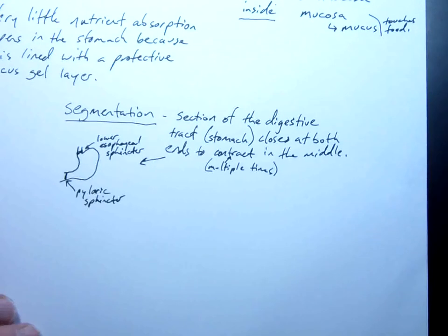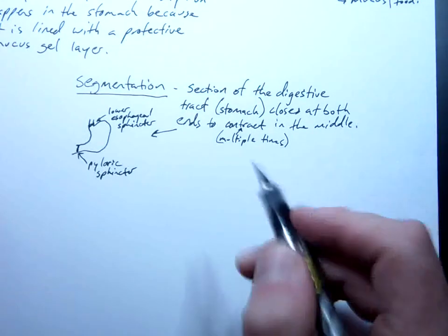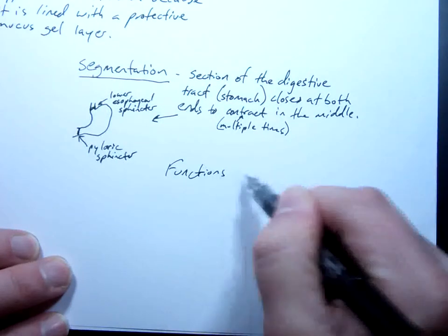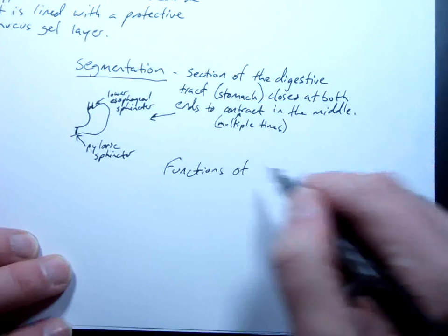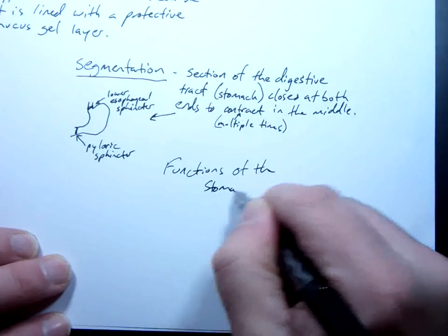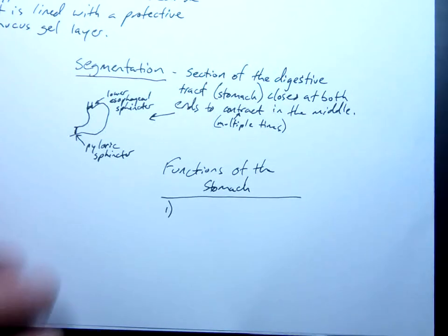All right, last little thing here. We're going to do functions of the stomach, and then we'll call it a day. And we'll look at the histology tomorrow. Functions of the stomach include what? What does it do, gang? Yes, okay.